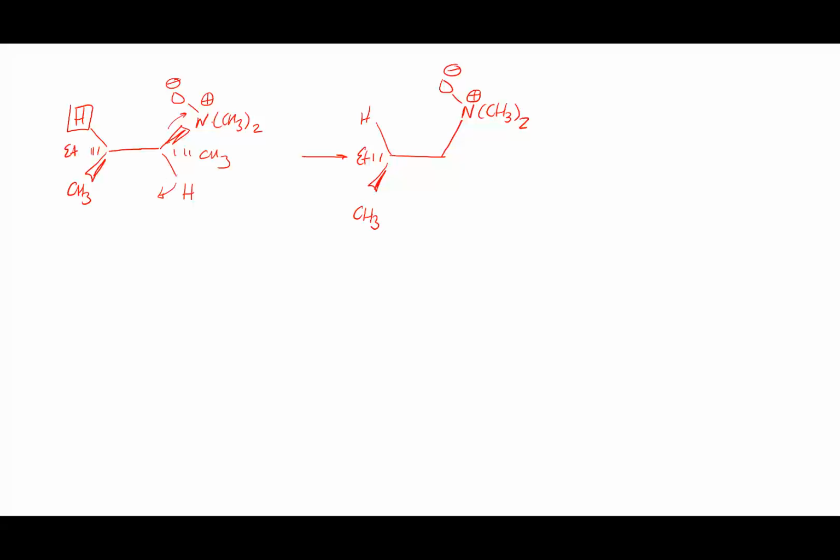This hydrogen that was in the plane is now going to come forward, and the CH3 is still going to be pointed in the back. And so now the amine can come in, grab the hydrogen, the pair of electrons goes there, pair of electrons goes to the nitrogen.